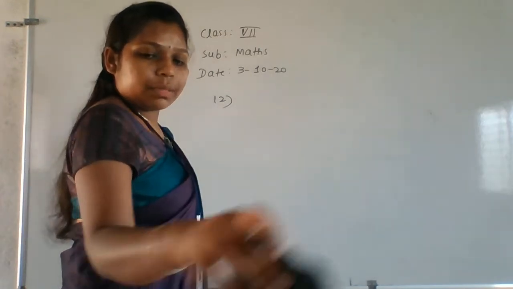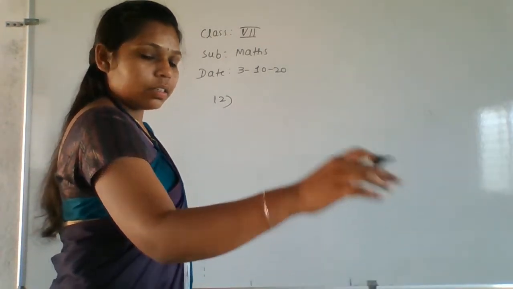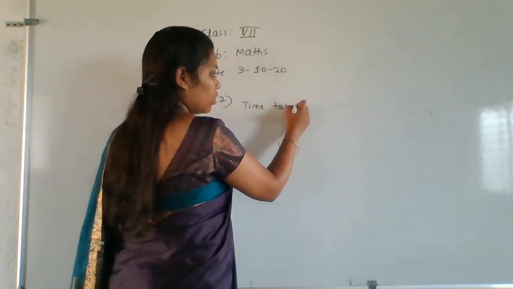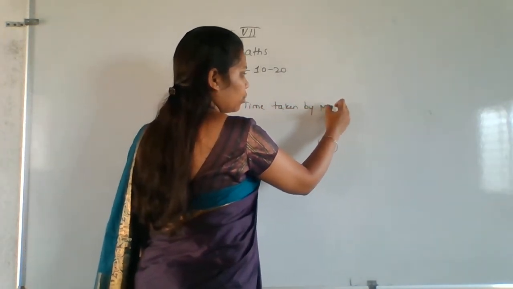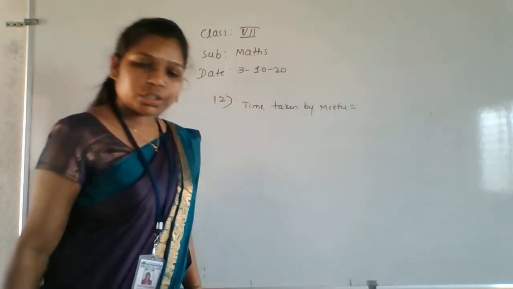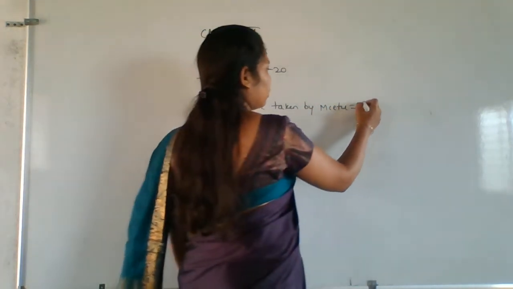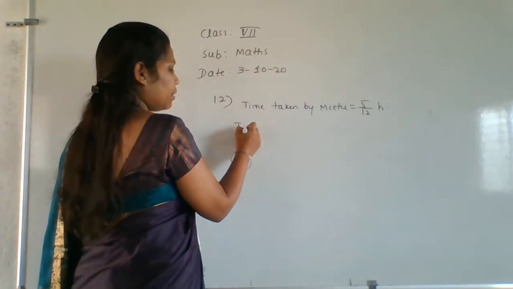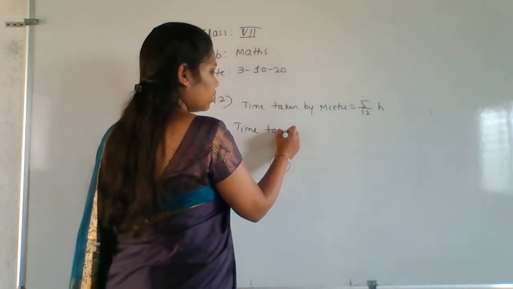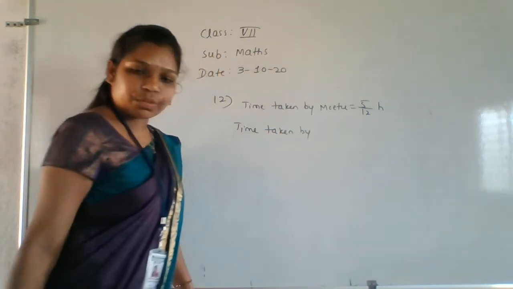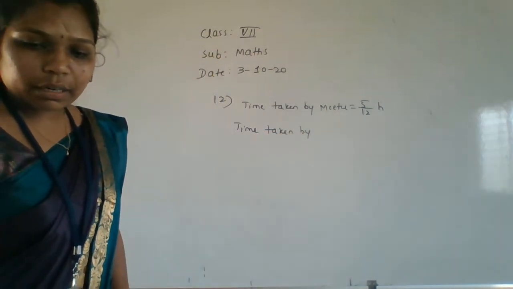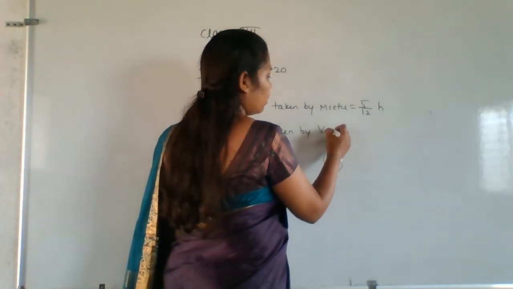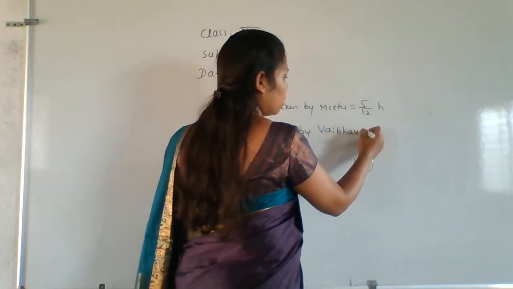So first, time taken by Meetu is equal to how much? That is 5 by 12 hours. And time taken by Vaibhav is how much?